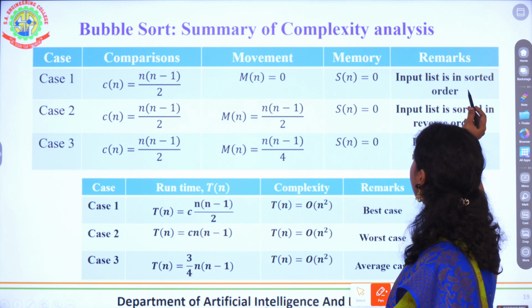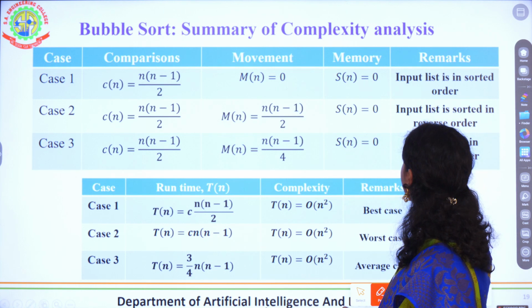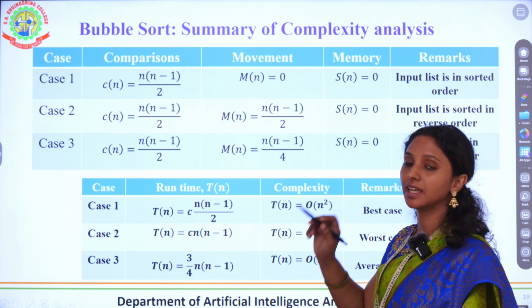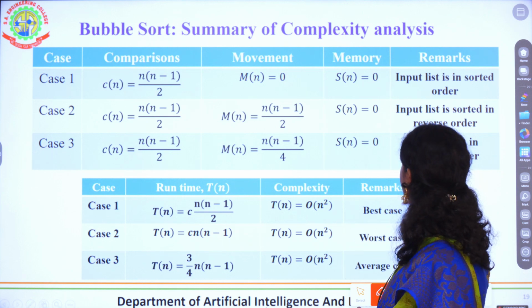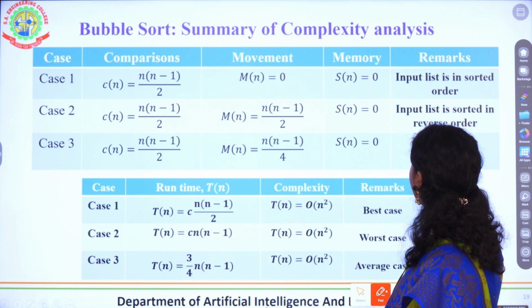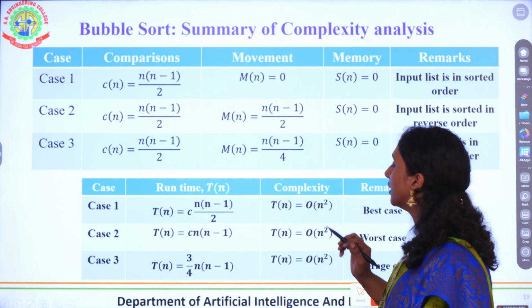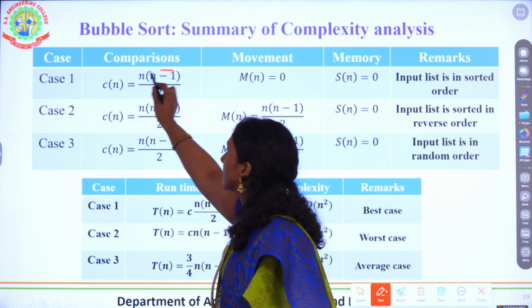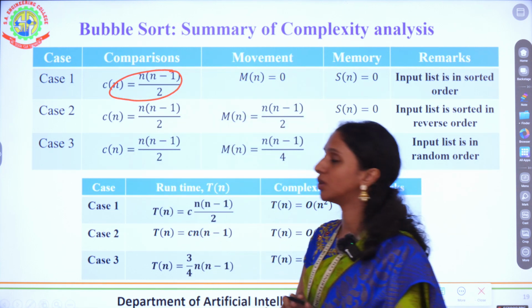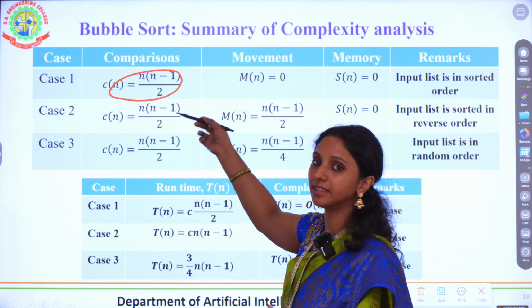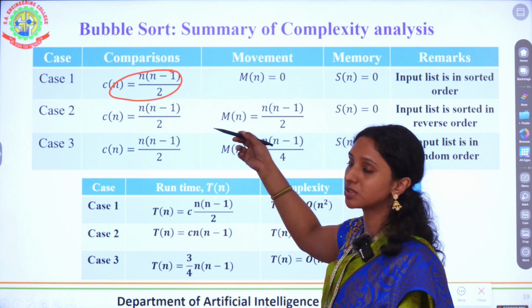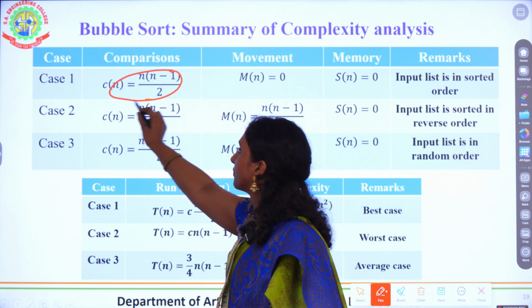The first one is if the input list is in sorted order, the next one is if the input list is in reverse order, and the last is if the input list is in random order. For case 1, we can see C of n is equal to n into n minus 1 by 2. This is the number of comparisons, and this will be the same in bubble sort for each case.